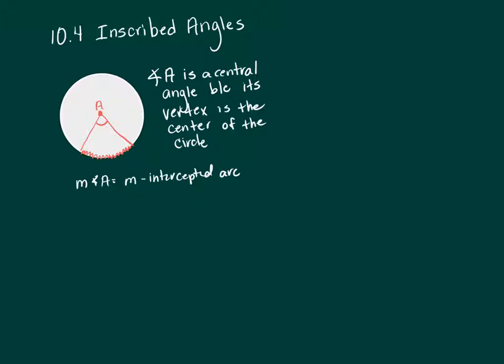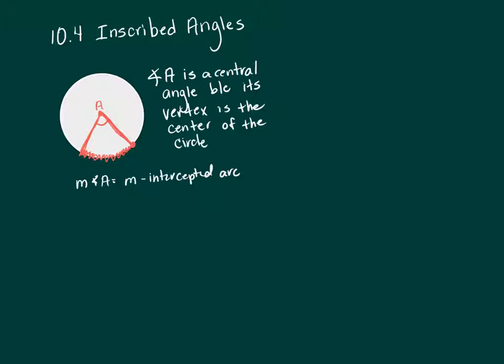And I have zigzagged in the intercepted arc in red. This is the intercepted arc. The intercepted arc will lie between the two sides of the angle. So you see how I've got one side and the other side. So my intercepted arc lies in between.